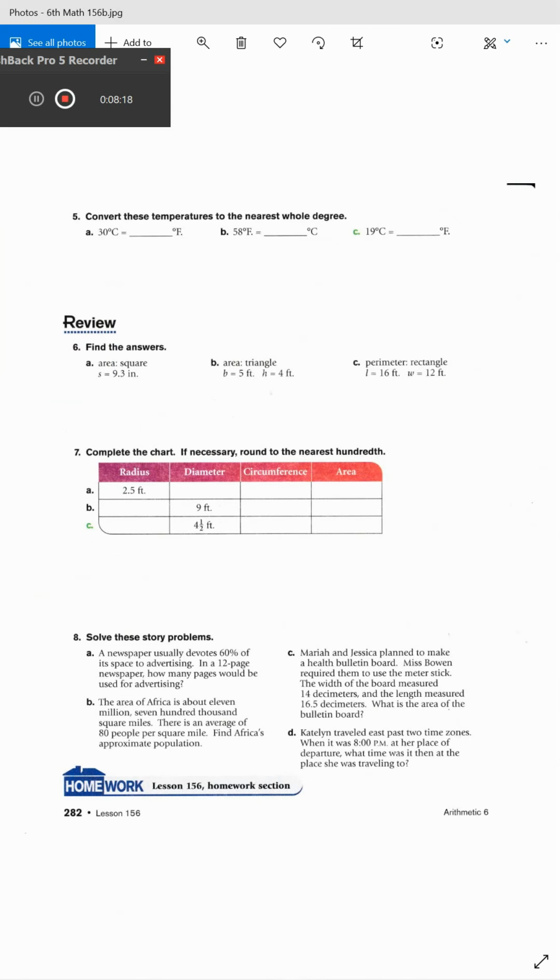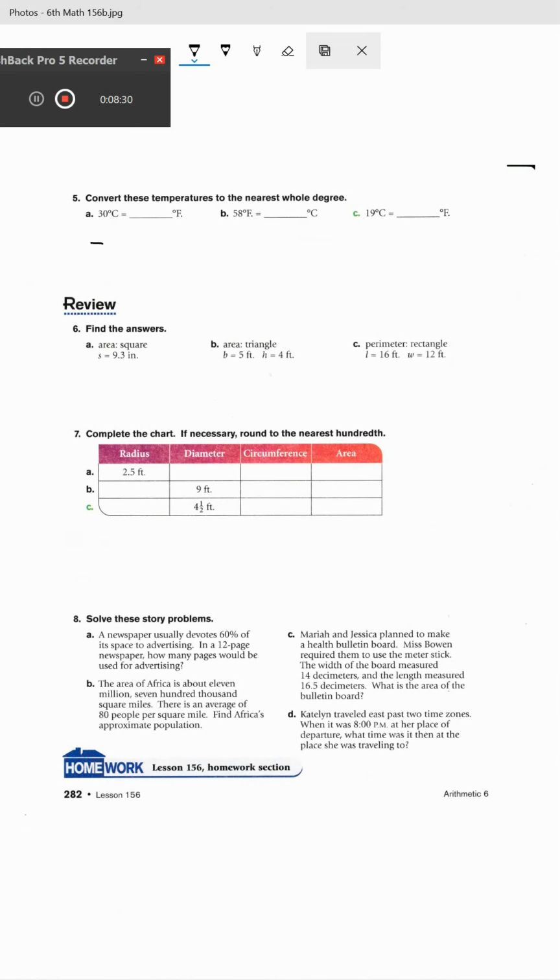All right, convert these measures to the nearest whole degrees. We haven't done this for a little while, so I'll just give you the formulas in case you forgot. The first one, you're looking for the Fahrenheit. The Fahrenheit equals 9/5 multiplied by the Celsius, then add the 32.